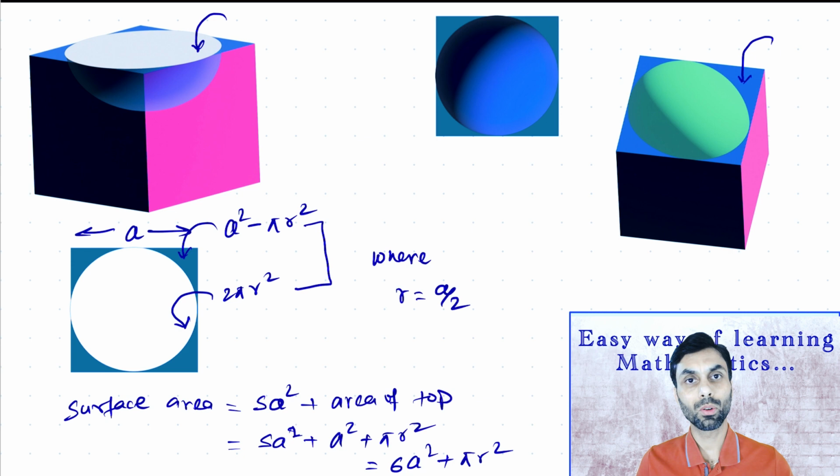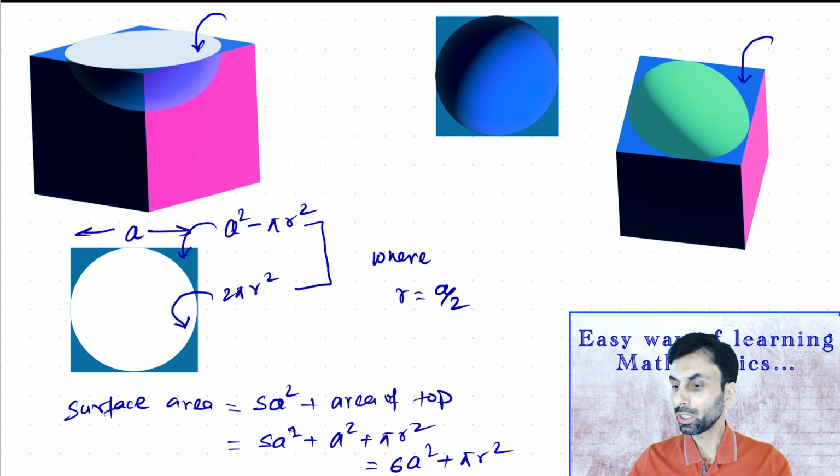Now if you talk about the second case, where we are keeping a hemisphere at the top, in this case also, if you observe, the 5 surfaces of the cube are without any change. Only the top surface we have to think about.